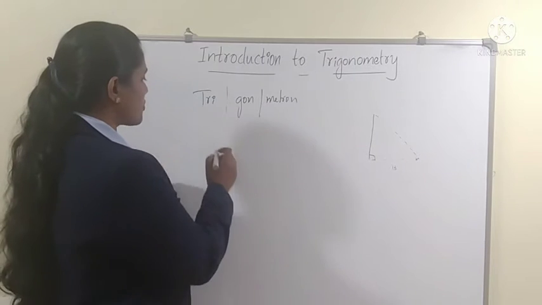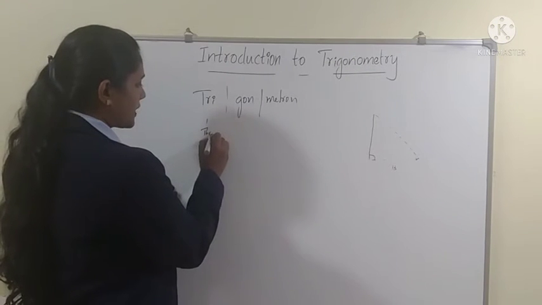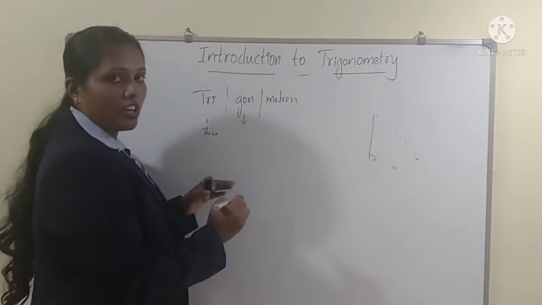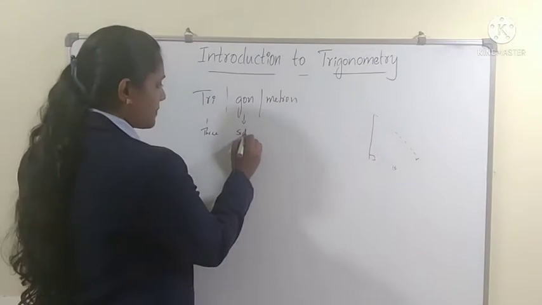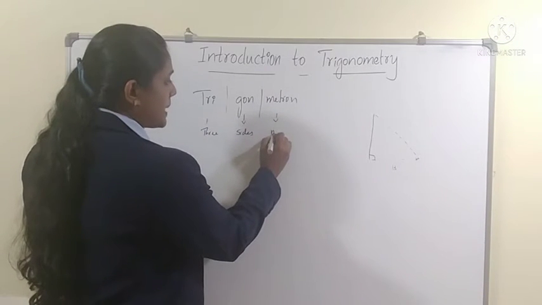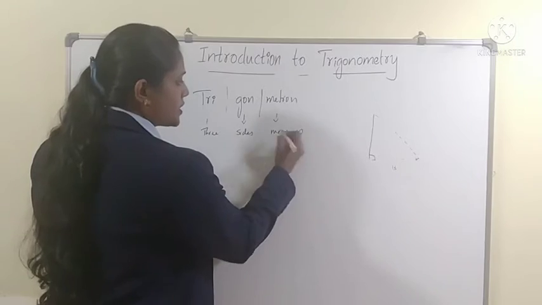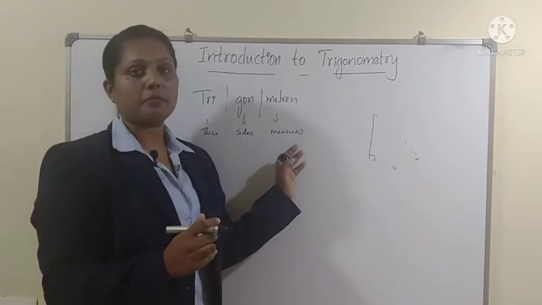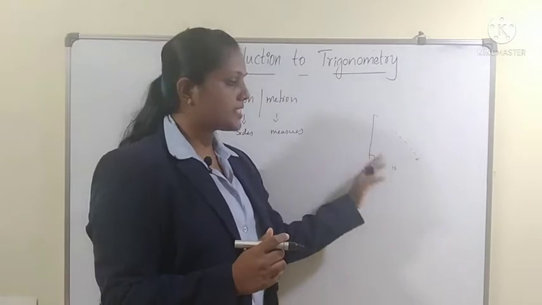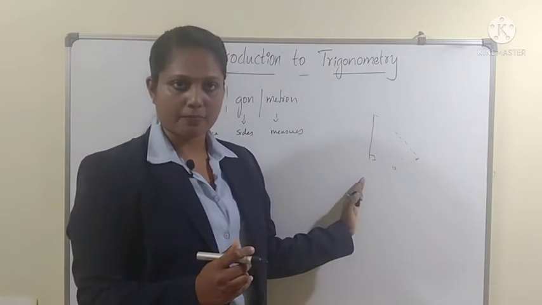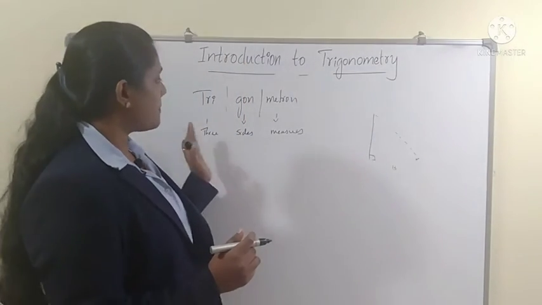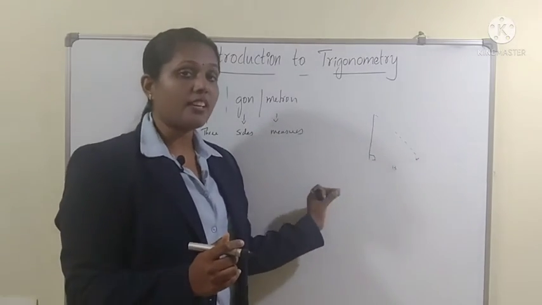What is tri? Tri means three. Got it? And what is gon? Gon means sides. And metron means measures. So here we are measuring three sides. 1, 2, 3 sides we can find in a triangle. Am I right? So here we are measuring the three sides of the triangle.